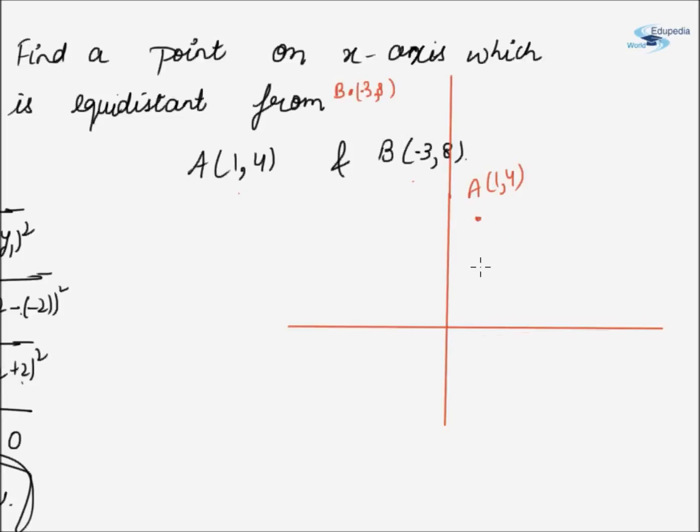We need to calculate to locate a point on x-axis which is equidistant from these 2 points. Friends, let this point be P x1, y1.